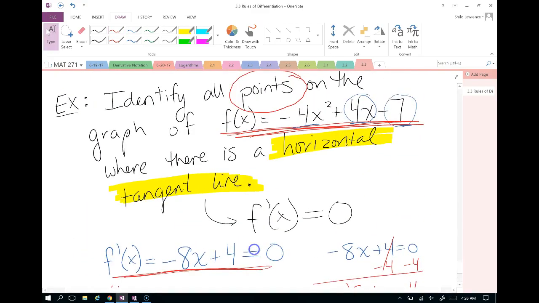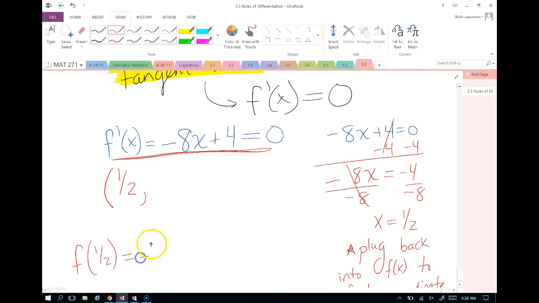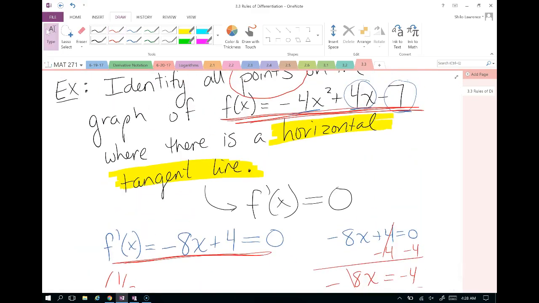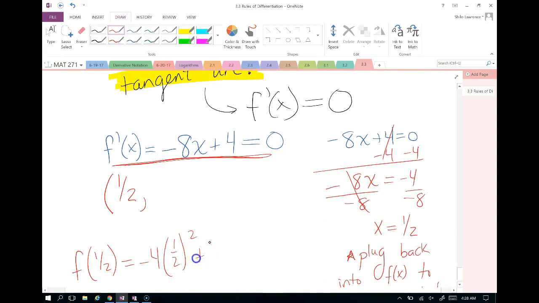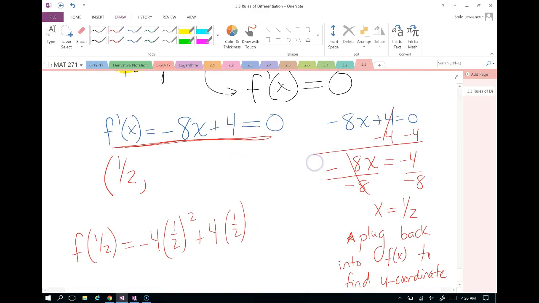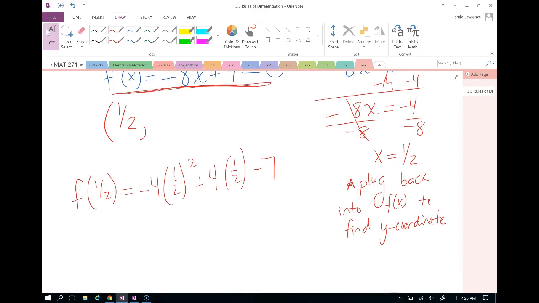So we're going to do -4 times 1/2 squared plus 4 times 1/2, and then -7. The original function always tells you points on the graph. The derivative of the function tells you tangent slopes on the graph.